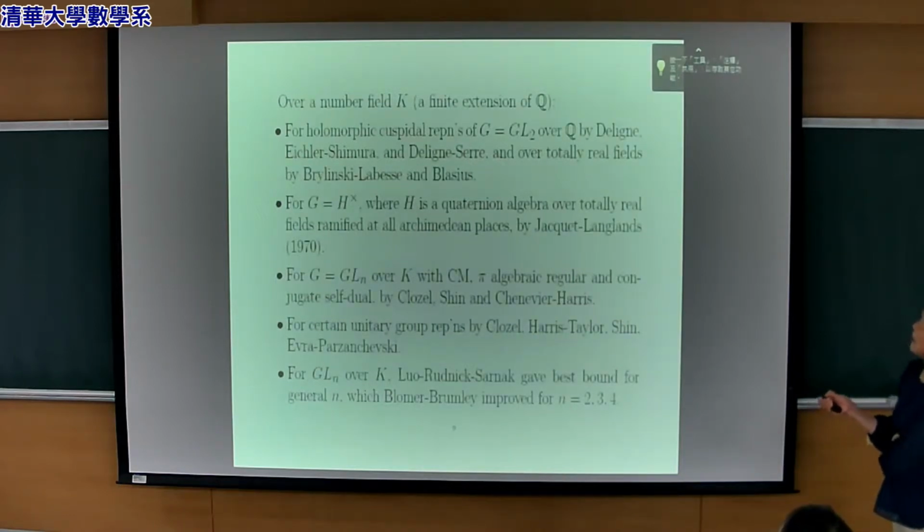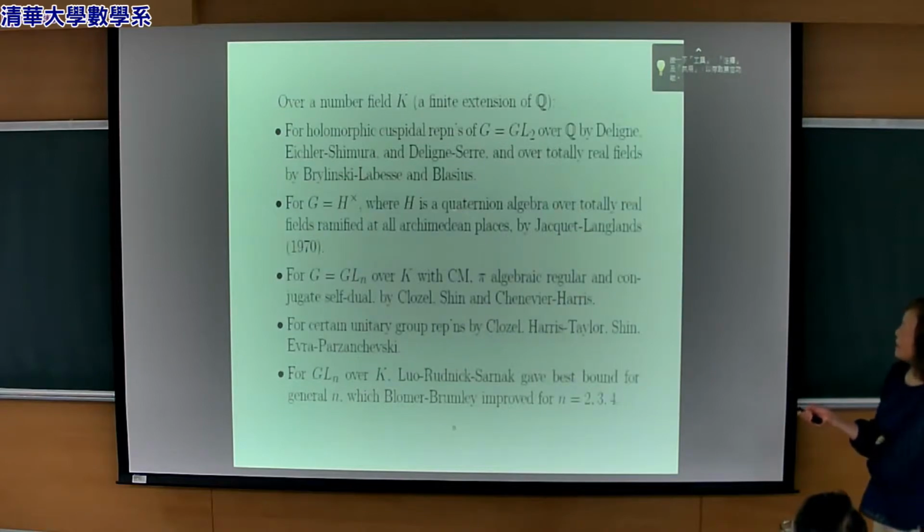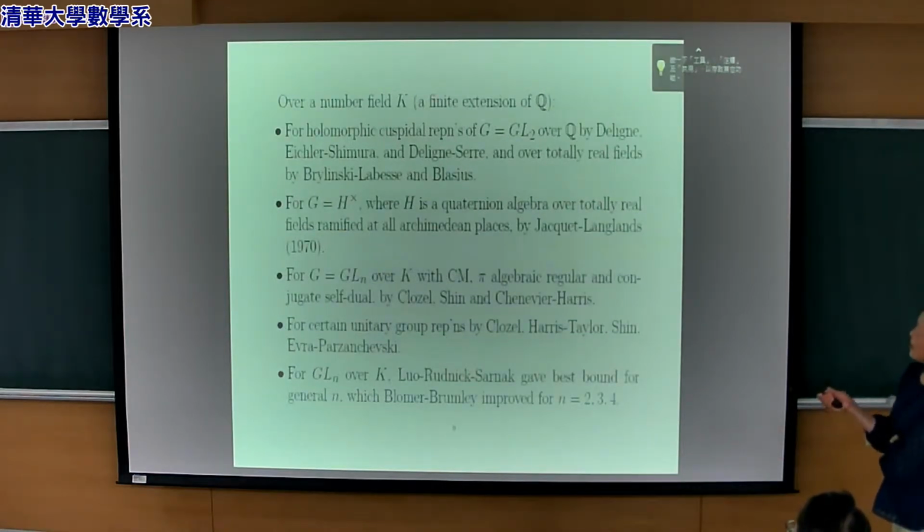And the second is GL_2 over totally real fields, by Brylinski, Labesse, and Blasius. This established the Galois representations. Then the second is using the Jacquet-Langlands correspondence, taking H to be the quaternion algebra over a totally real field, but we want it to be ramified at all the Archimedean places, because what we knew before is only for the holomorphic case.